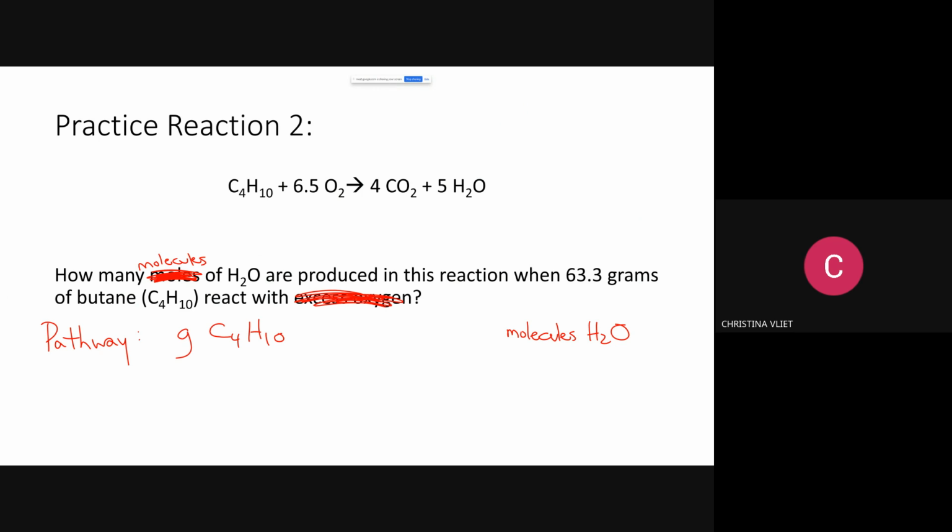The way that I advise to go there is to change to moles first. Remember what we said in the beginning? If you're not in moles, you should change to moles first. So change grams of C4H10 to moles of C4H10. In order to do that, we get the molar mass.